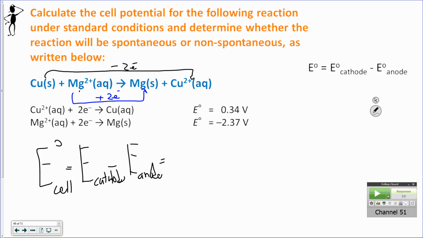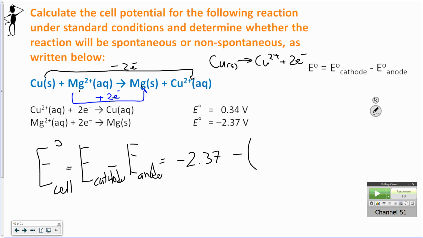So the magnesium 2+ plus 2 electrons yields magnesium solid. It has a potential of negative 2.37 minus that of what's happening there at the anode. So even though what's occurring in its reaction is the copper solid yielding copper 2+ plus 2 electrons, it's actually oxidation that's occurring.